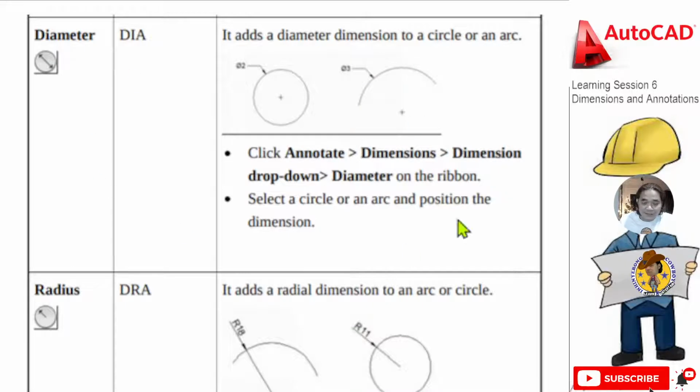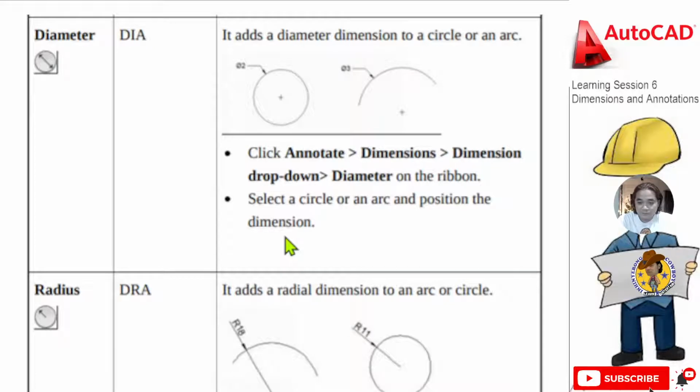For diameter, it adds a diameter dimension to a circle or an arc. So you can use DIA as the shortcut key. So like this one. Click Annotate, Dimension, then the drop down, then choose Diameter on the ribbon, select the circle or the arc, and position the dimension. Actually, you can position the dimension at your own convenience.